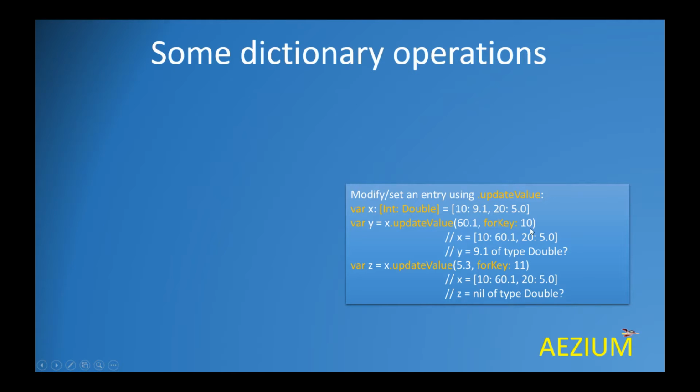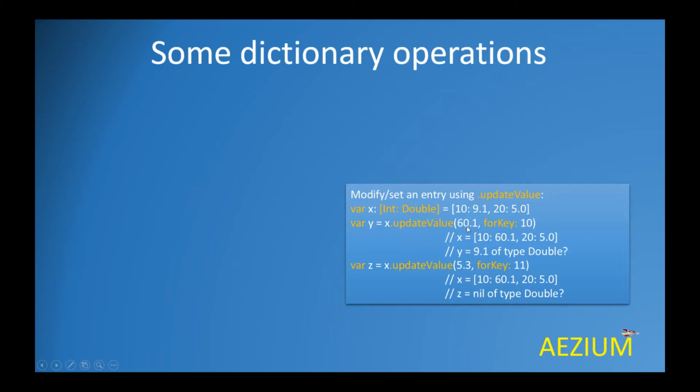The way this should be read is that we'd like to update the value of dictionary x by this value 60.1, and the key of the dictionary pair of interest is given by this value here, which in this example is 10.